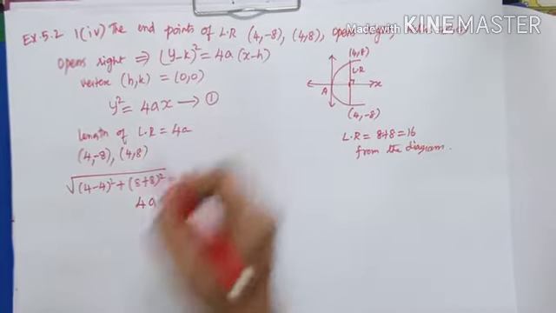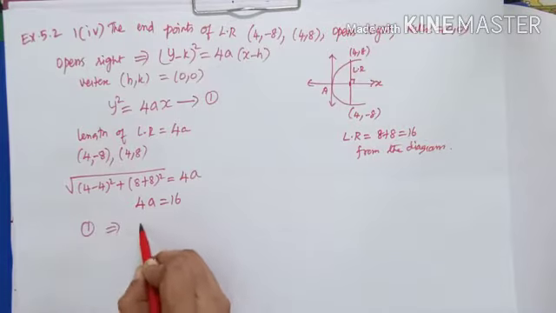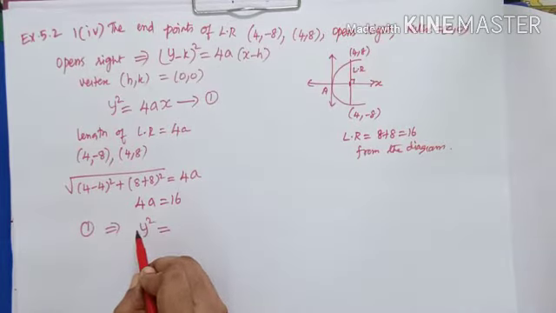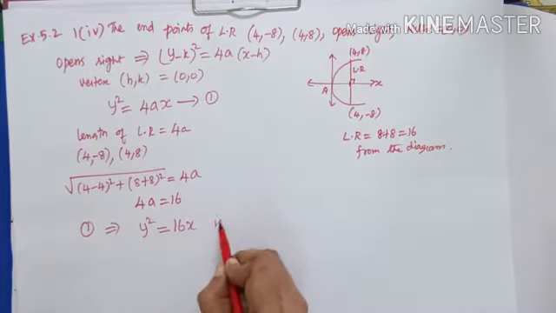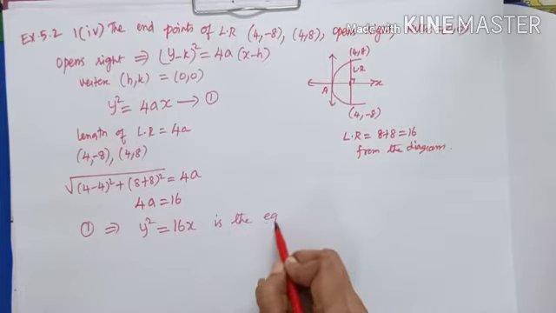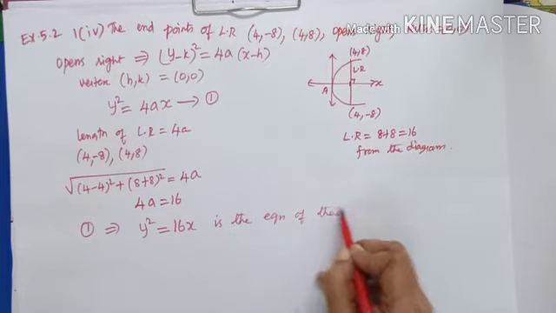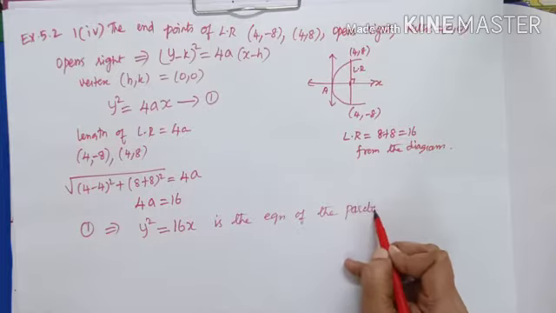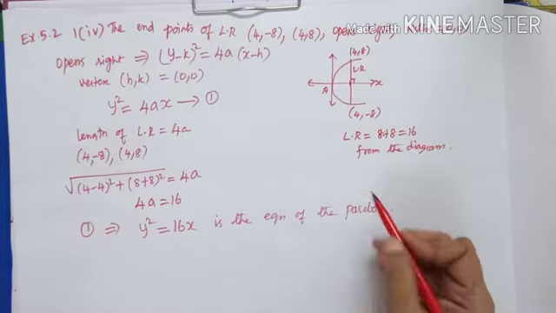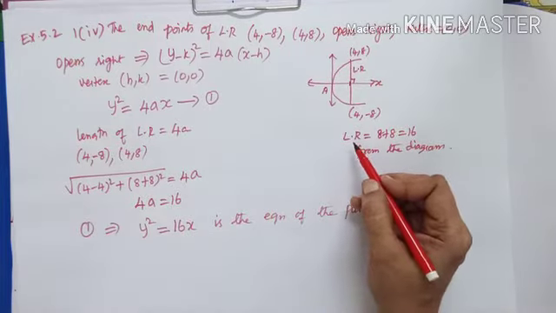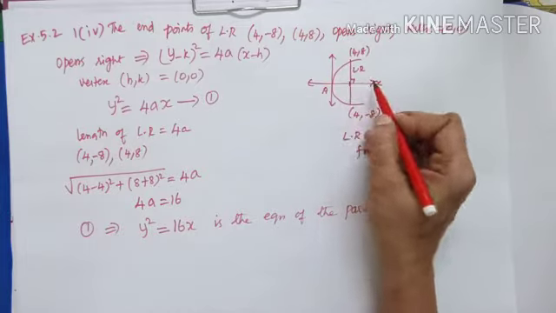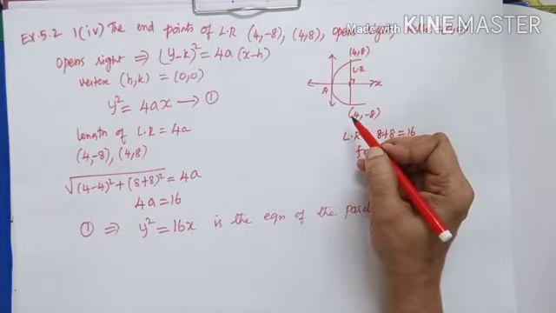Put it back in equation 1. So, equation 1 is y square equals 16x and this is the equation of the parabola required. So, here we have used the idea latus rectum is the chord perpendicular to the axis and passing through the focus.